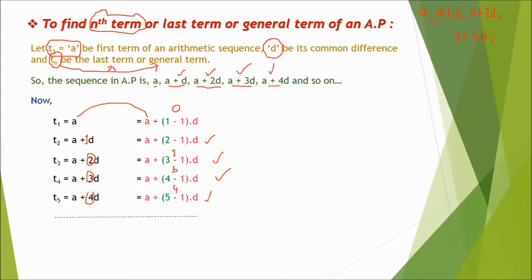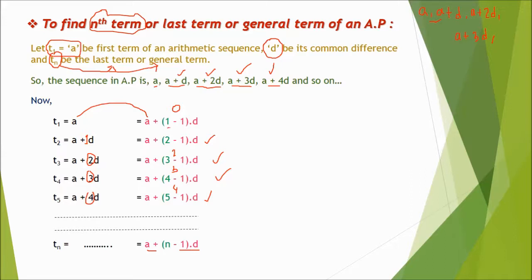In a similar way, we can continue. And what will be our tn? Tn is equal to, as I have already said, the a is in pink color and is constant, so it must be a plus something minus 1, and d must be the same. But what is changing is 1, 2, 3, 4, 5 in green color.